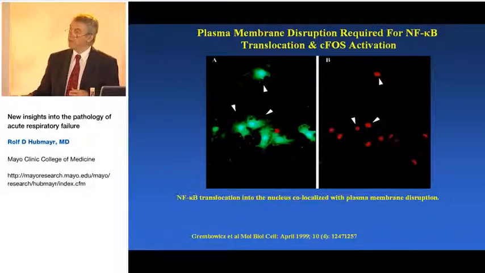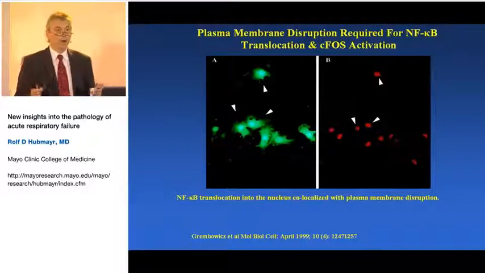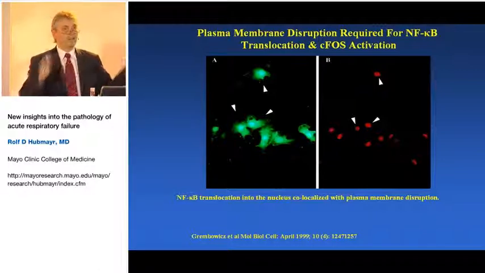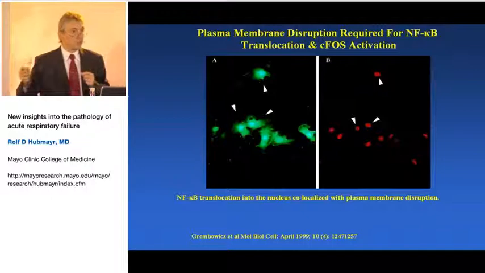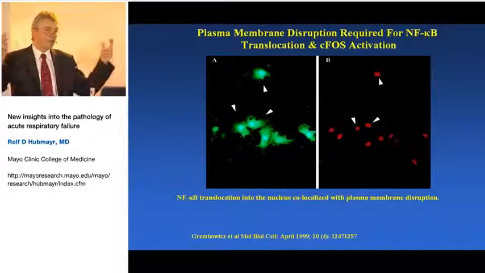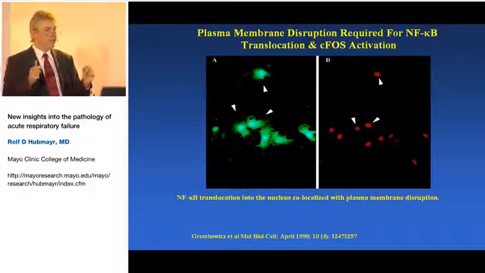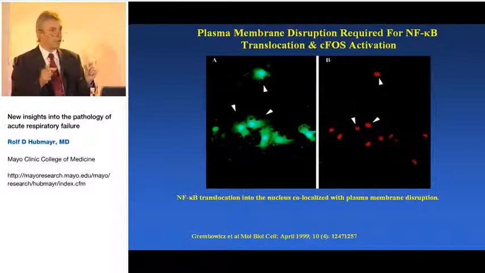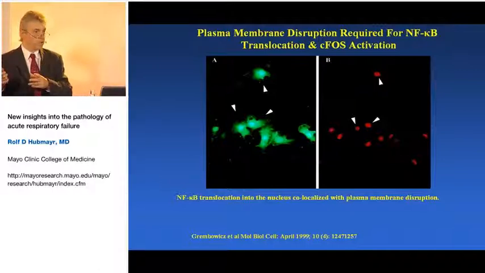And then you see in green here labeling of NF-kappa B, which is a transcription factor, which is usually inactivated in the cytoplasm of the cell. And for it to do its job, to turn on what's called CXC chemokines, interleukin 8, and so forth, it needs to go from the inactive cytoplasmic form to the nucleus and turn on genes.